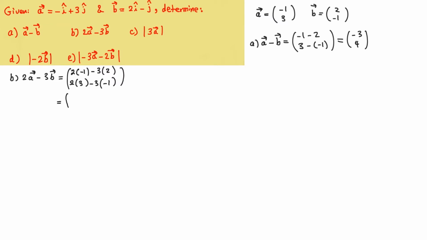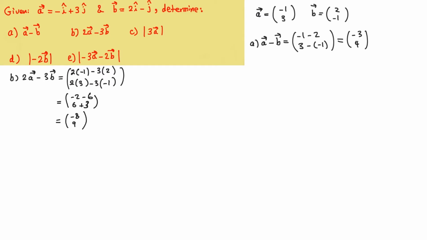Once I have this, 2 times -1 is -2 minus 6, and 2 times 3 is 6, and -3 times -1 is +3. And when I do the calculation, I get -8 and 9 as my final answer.